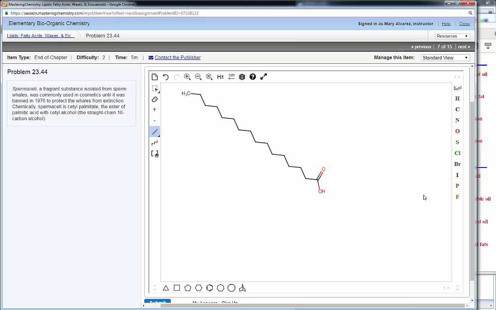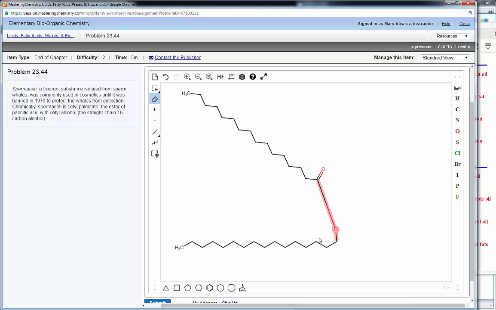Carboxylic acid, and cetyl alcohol is a 16 carbon alcohol, so there's 16 carbons plus the alcohol. And if we make an ester between the two, just like we've been doing, we get a new bond between this carbon and that oxygen.